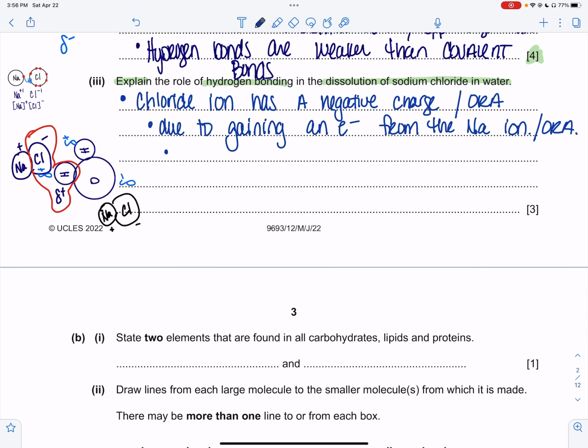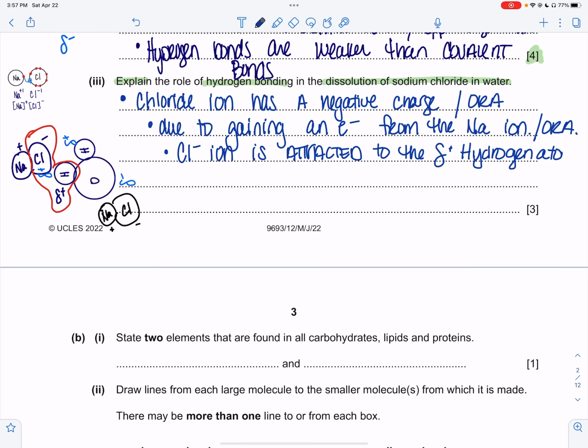And then again, the water molecule, its charges. All right, the chloride ion, Cl minus ion, and that's appropriate to write it like that as well, is attracted to the partially positive hydrogen. You could write the whole thing out, or you can put H. Atom.